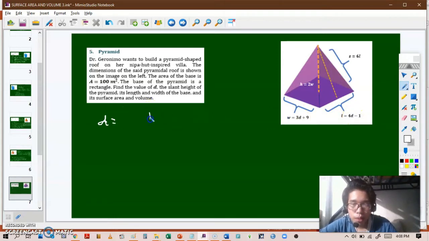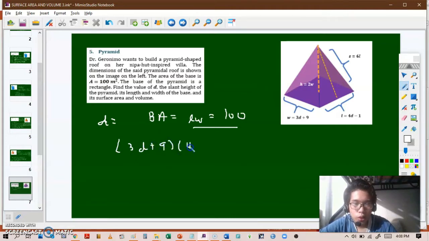The base area is equal to the length times width, and the length times width is equal to 100, therefore we can equate these two. So we have 3d plus 9 multiplied by 4d minus 1 is equal to 100.